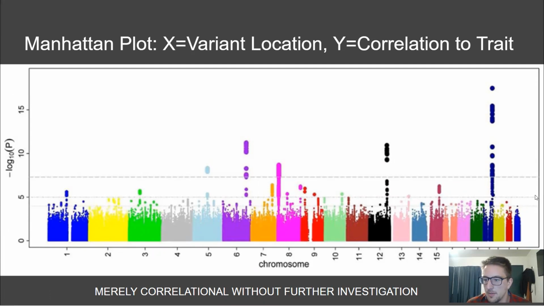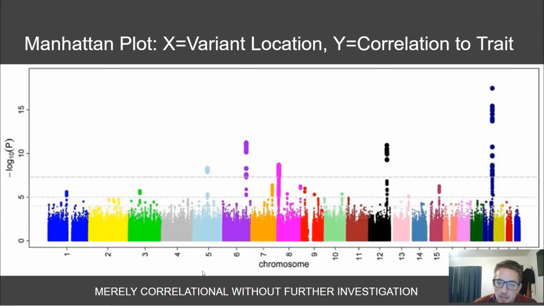Everybody has them, and they're not really doing anything. But genes above my cursor here, above this dashed line, these genes are significant. These are clusters of genes within this dot, and people who have them are correlated with the trait or the disease in question you're looking for.